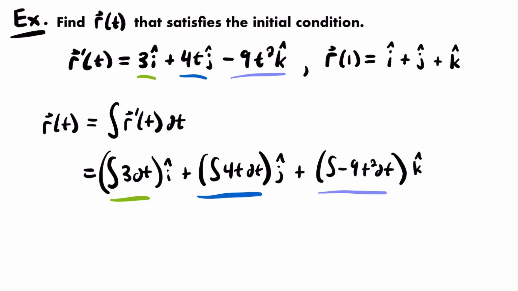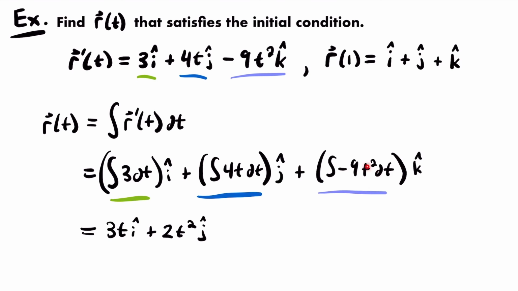So now solving each of these indefinite integrals will give us this. The integral of 3 is going to be 3t, so we have 3t times i plus the integral of 4t dt. We'll add 1 to the exponent and divide by that new exponent. So we'll have t squared, and we're dividing by 2, so that 4 will become 2. We'll have 2t squared times j.